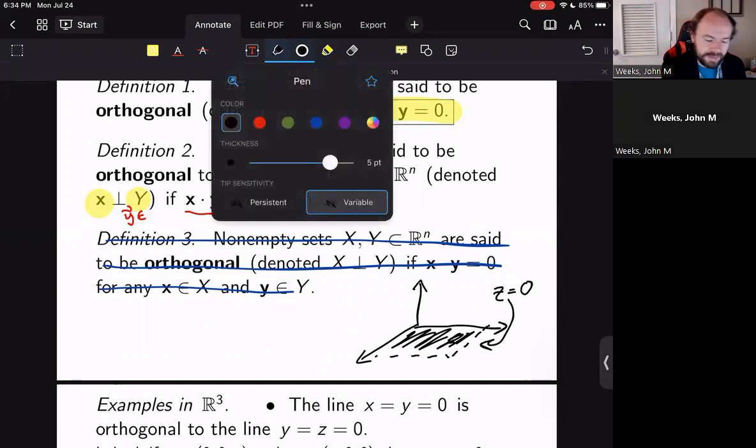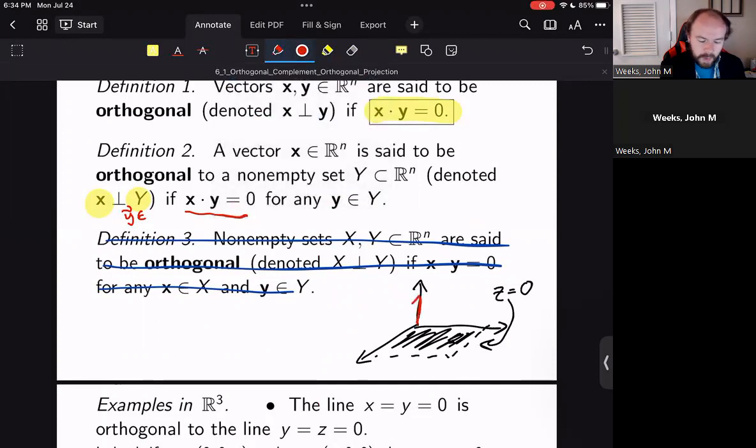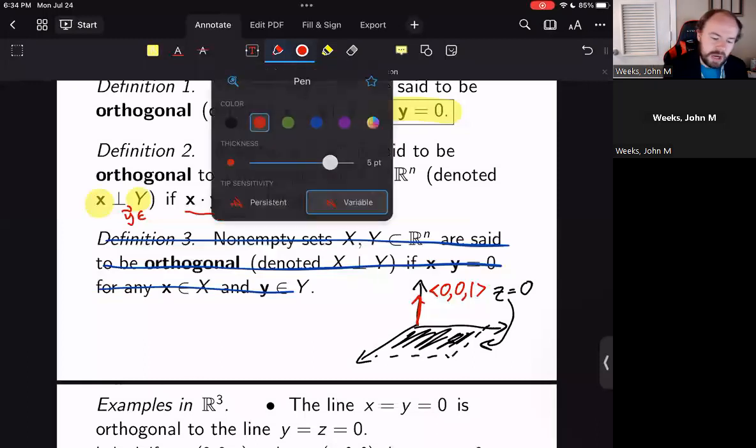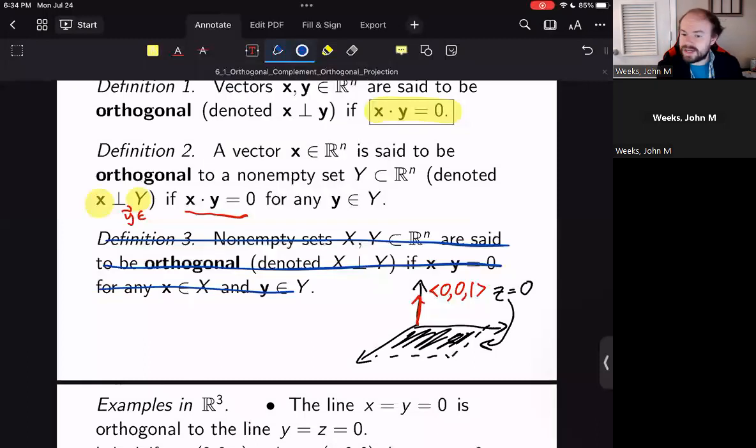And then I can consider the vector (0, 0, 1) right up here. And I can ask the question, what is the nature of this vector with this set? Is it true that these two things are orthogonal with each other? Well, let me take an arbitrary vector inside of the plane z equals 0. The only thing that we know about this vector is that it has a z component of 0.